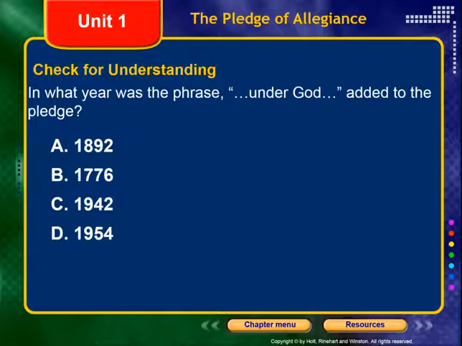Was it 1892, 1776, 1942, or 1954? It was 1954. Because remember, the United States was attempting to combat communist state-sponsored atheism, right? And so how can you get different from atheism, right? You start talking about God. That's how you make yourself very, very different.